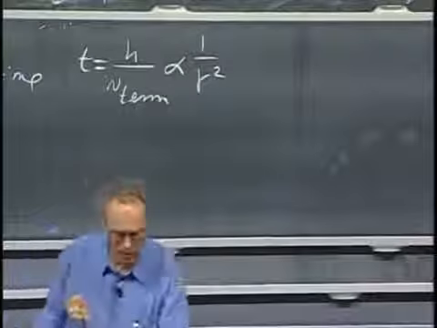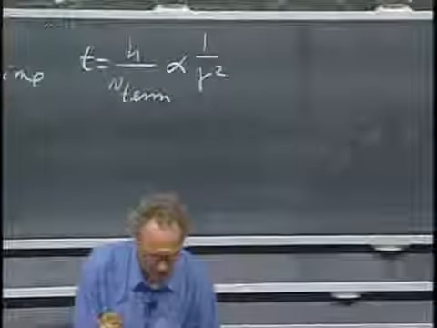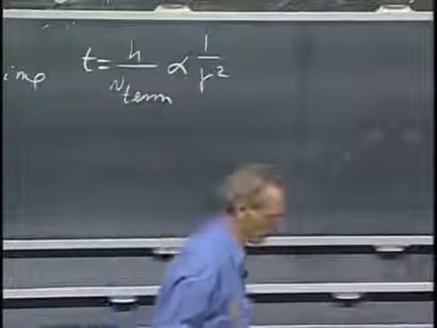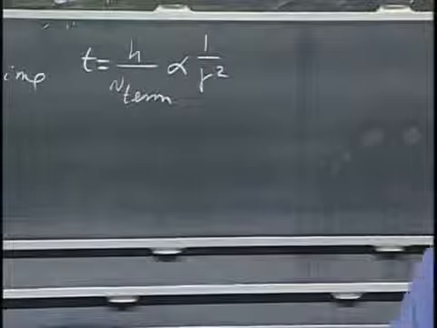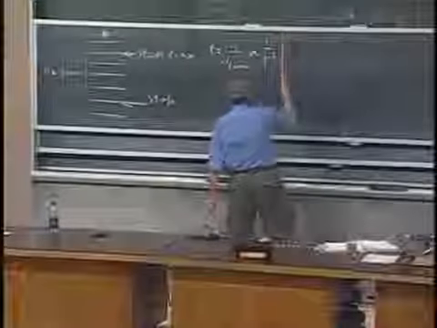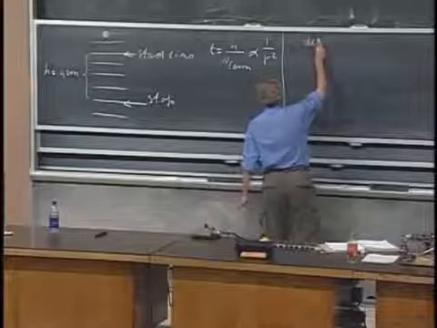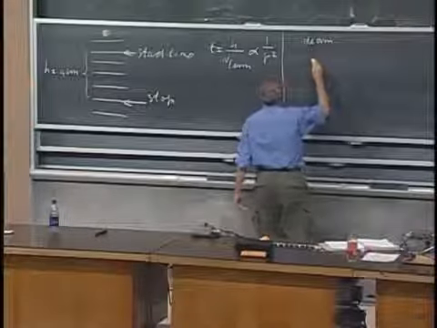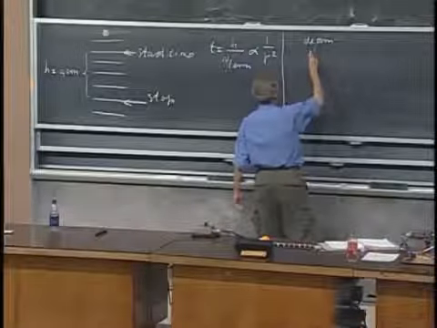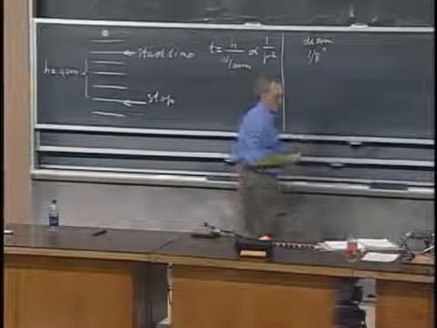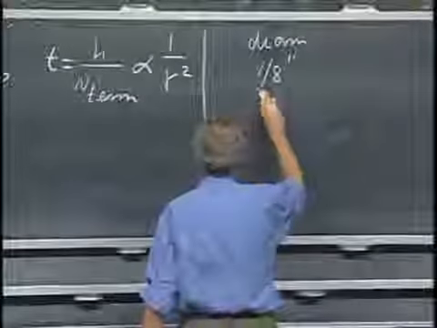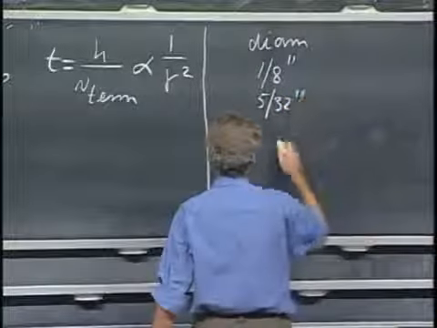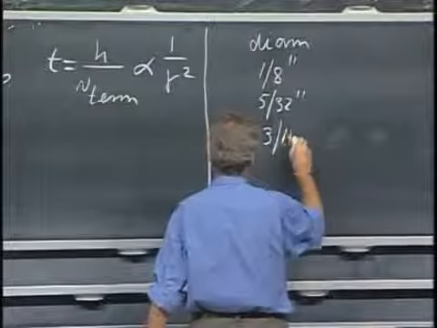And now I will give you, not the radii, but the diameters of these ball bearings. That's the way they come. So we're going to get a list here of the diameters of the ball bearings, and their diameters are in inches. My smallest one has a diameter of 1/8 of an inch. Then I have 5/32, I have 3/16.